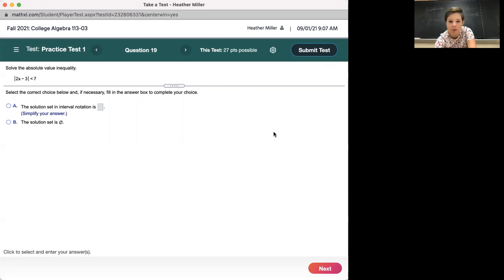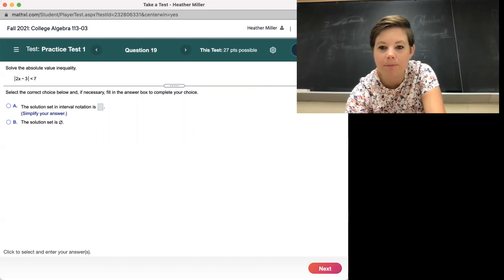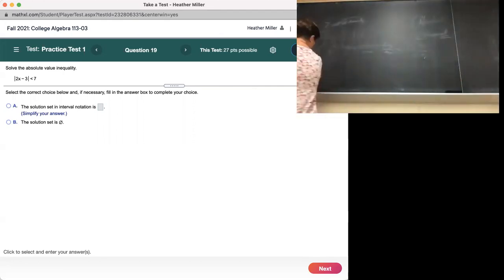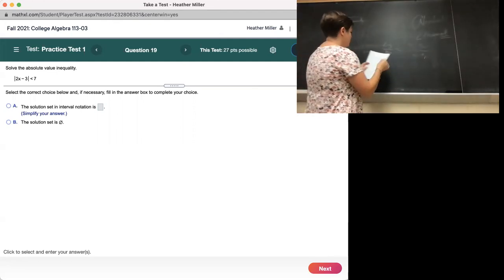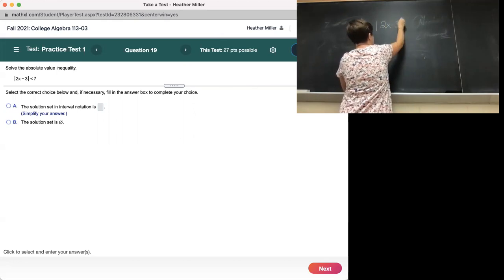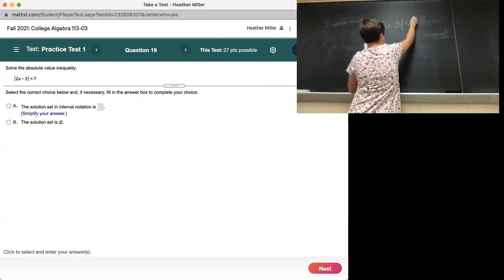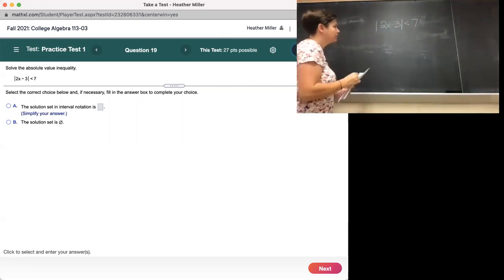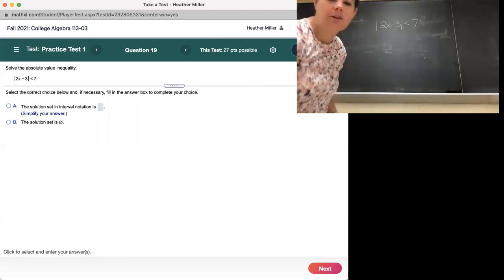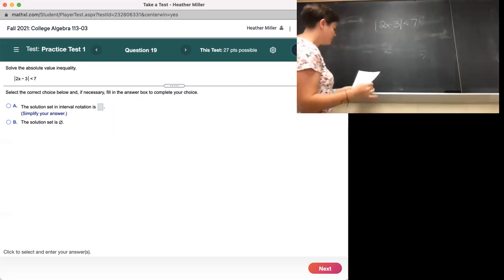Let me make this a little bigger. Okay, so this first problem says we have the absolute value of 2x minus 3 is less than 7. Okay, for absolute values, what you're going to do is we split them.